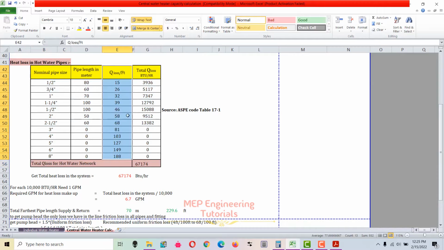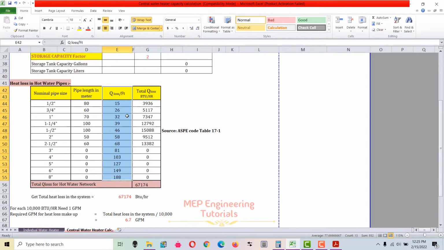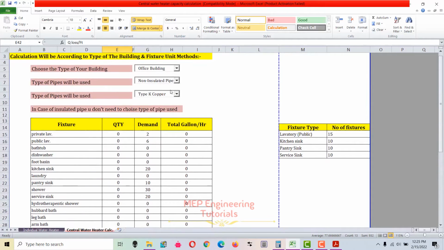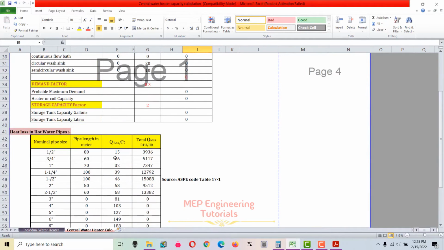If you have insulation, like half-inch fiberglass insulation, you can select insulated here. As I select insulated, the values will change. Let's say I select the non-insulated pipe, I don't apply any insulation. If you have insulation, you can select insulated pipe, and these table values will change accordingly.